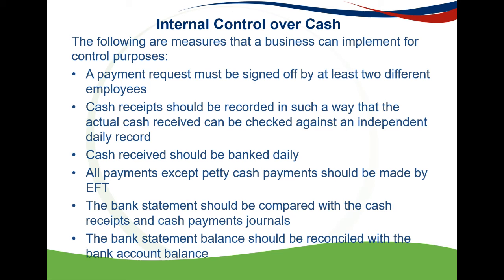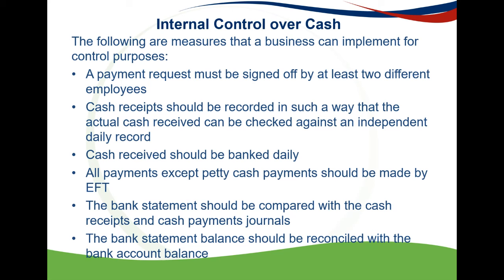So a payment request must be signed off by at least 2 different employees. Now, when you prepare that payment request, it must be authorized by those 2 people, because if it's only one person, then that person himself or herself can make an unauthorized payment to herself or himself.